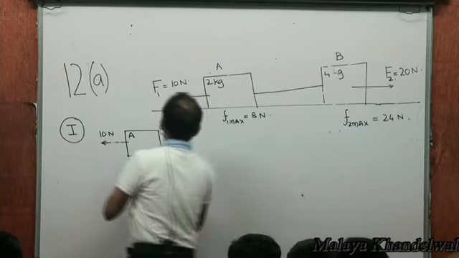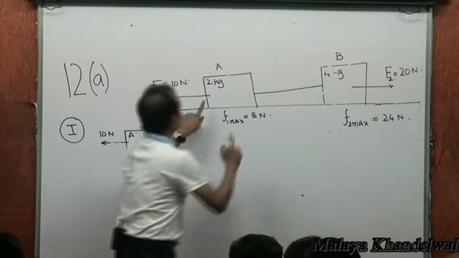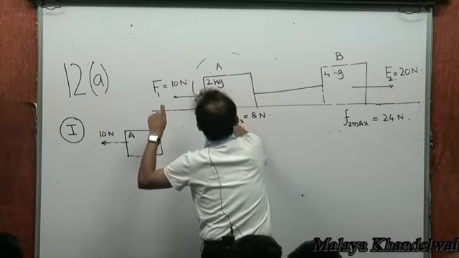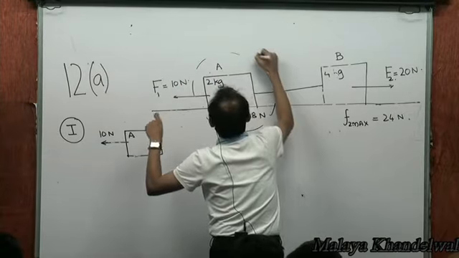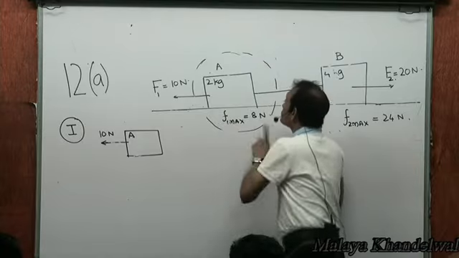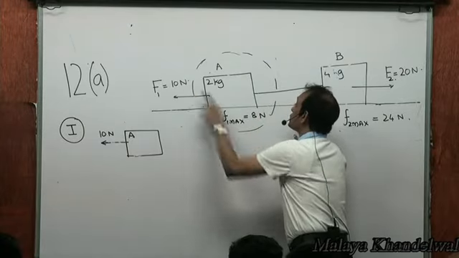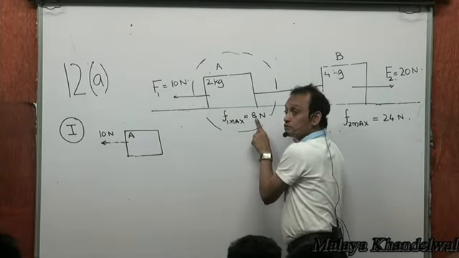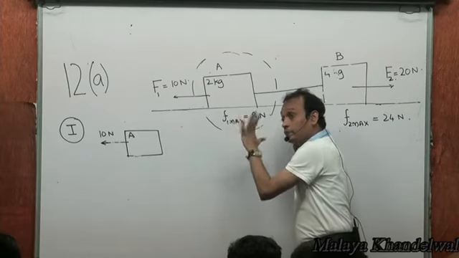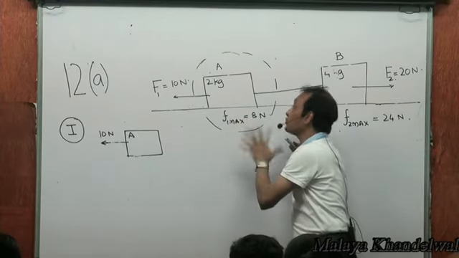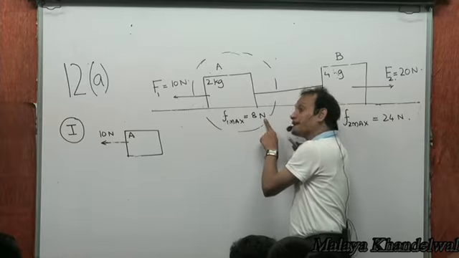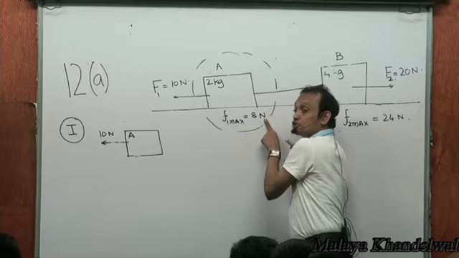And initially, think of just this. First of all, since this 10 newtons is more than 8 newtons, it's possible, I'm not guaranteeing that that's going to happen, that this maximum static friction is reached here.